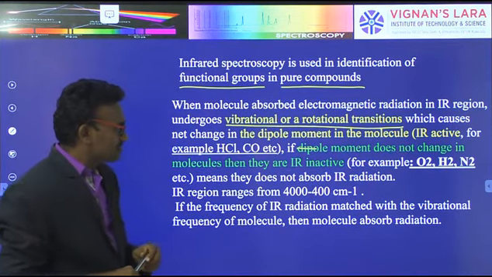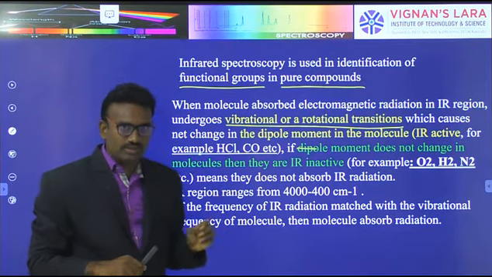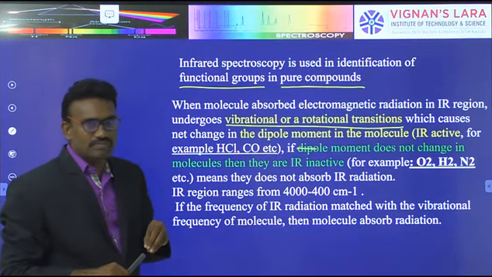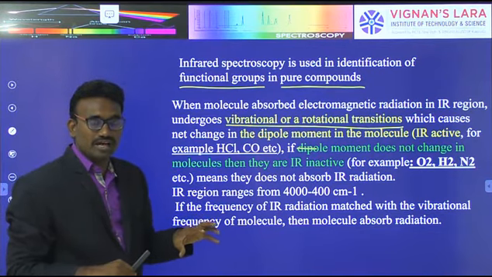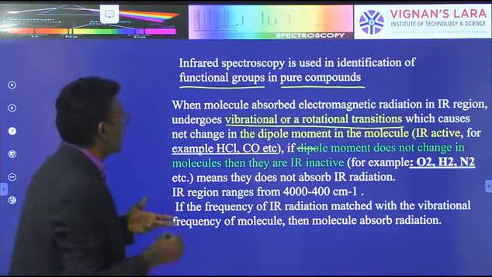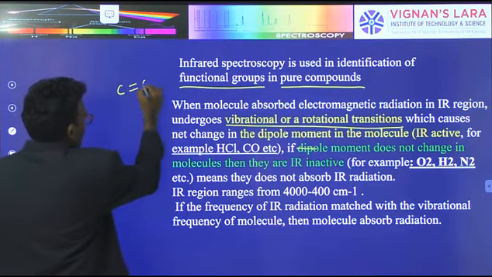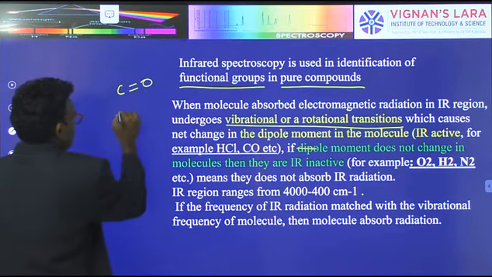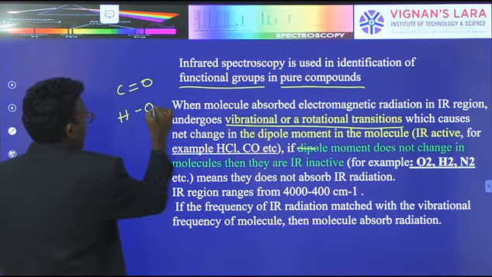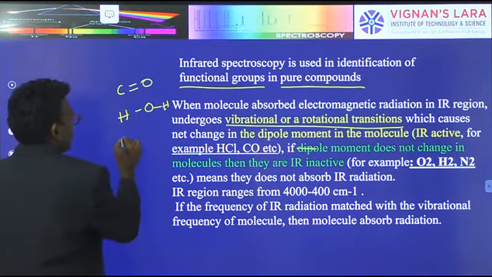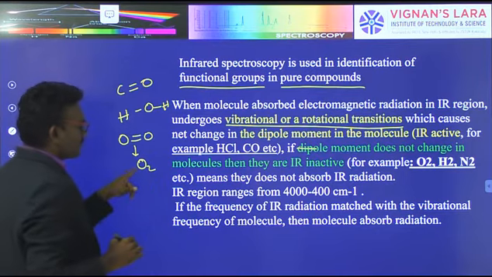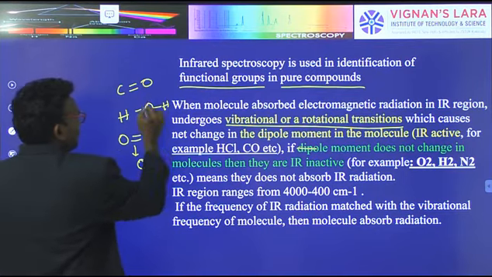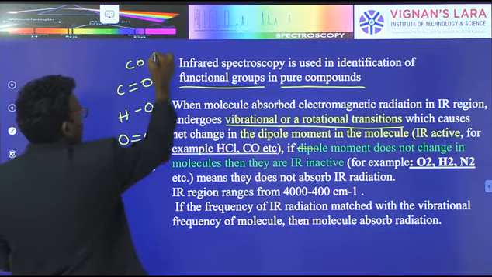Already I discussed that light is passed through molecules, which contain different types of atoms or the same atoms. For example, this is one molecule, this is another molecule. Some molecules contain the same atoms, and some contain different atoms, like CO or H2O.